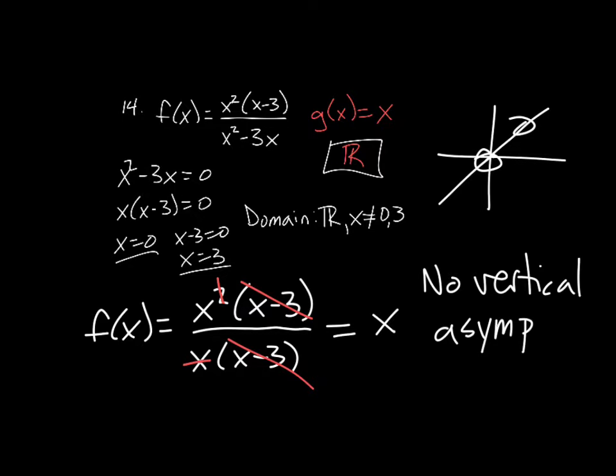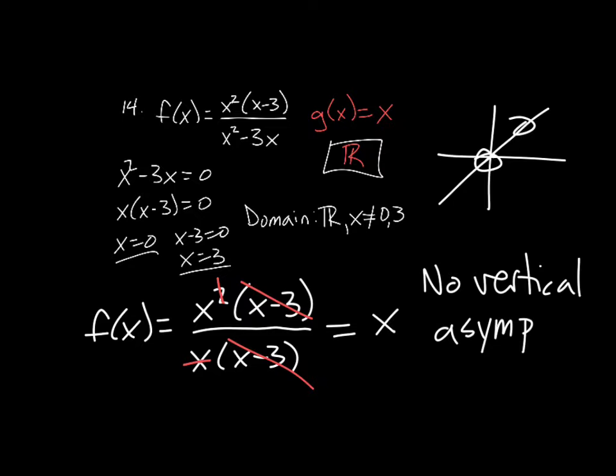Okay, so then the general rule of thumb goes like this. Your domain is your domain. No matter what, you always got to check your domain with the function as is. But then you should always try to see if there's anything you can cancel.